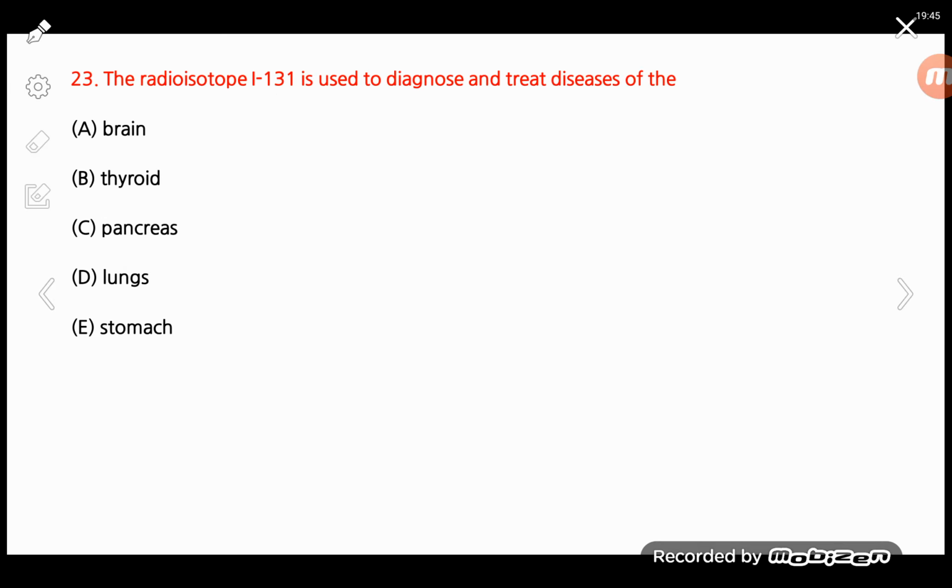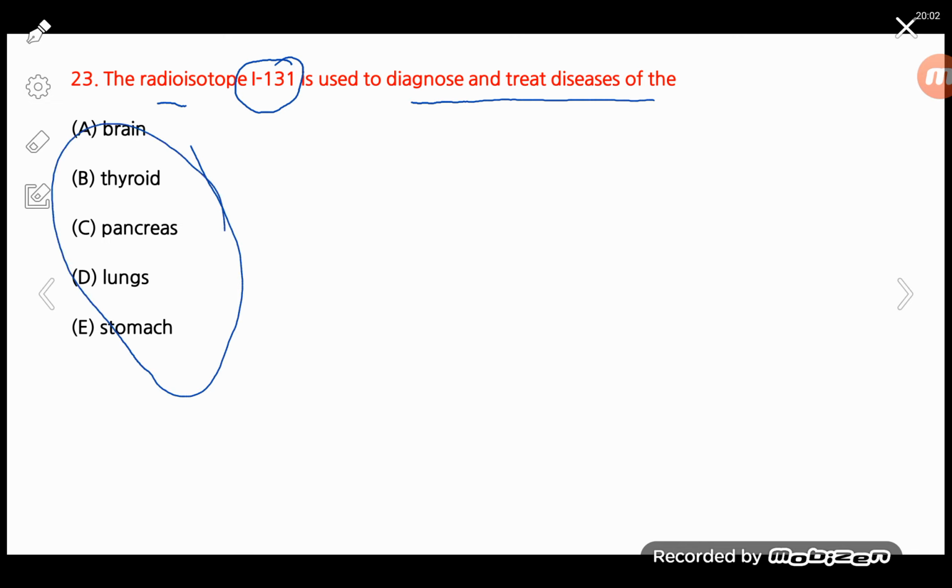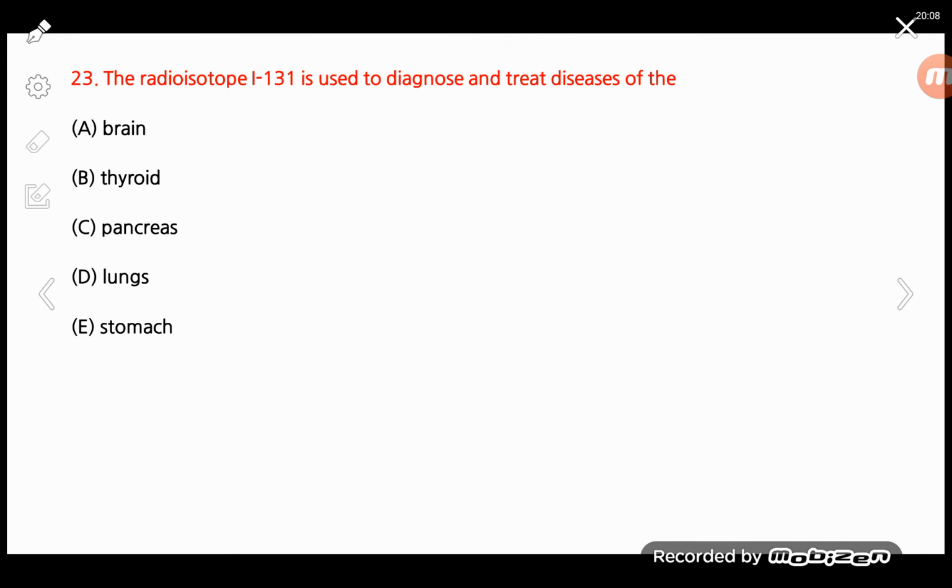The last question, guys: we have a radioisotope, iodine-131, which is used to diagnose and treat disease of which one? You know that we have these organs in our body. The only organ that absorbs iodine, guys, is the thyroid. So when you have cancer in your thyroid, it is very easy to treat.